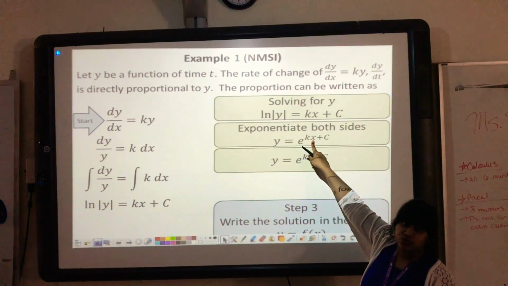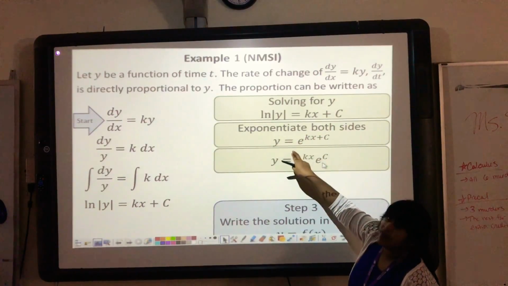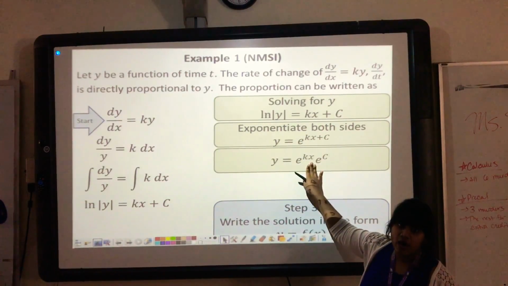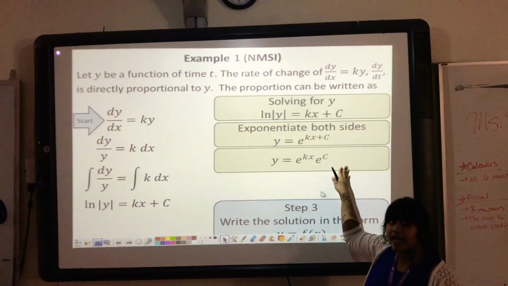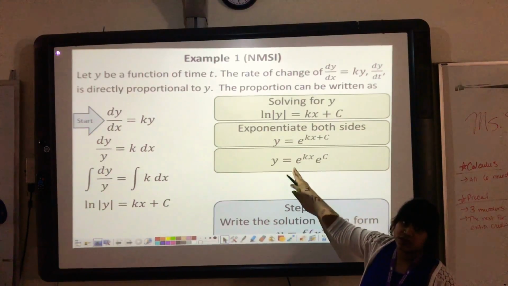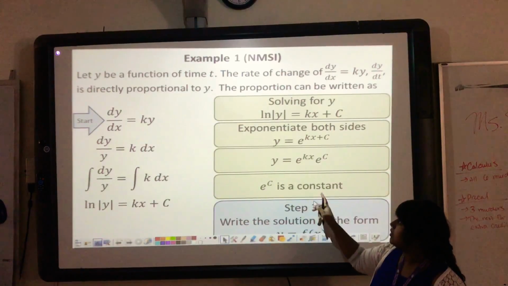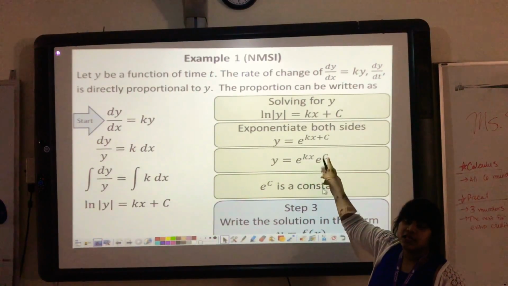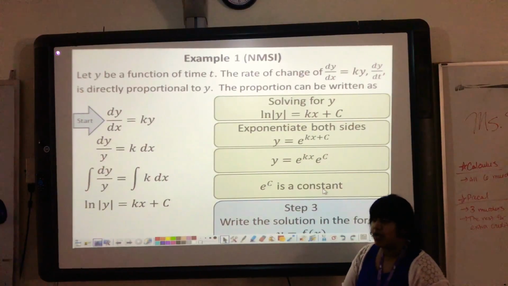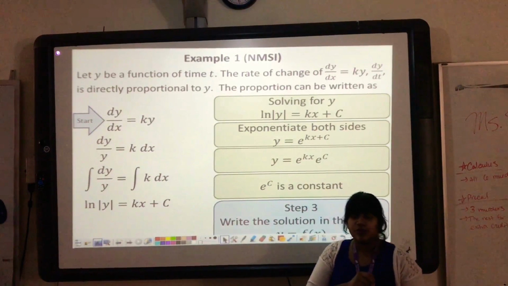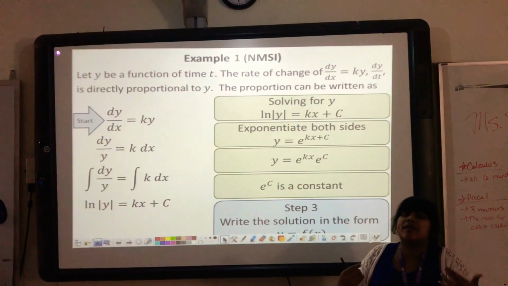This is an exponential rule where if I have something to some power, and that power is added, it's the same as saying the bases were multiplied. What we know is that e to the C is a constant, whatever my constant value is, because it's a natural base, whatever value I plug in is still going to be a constant.